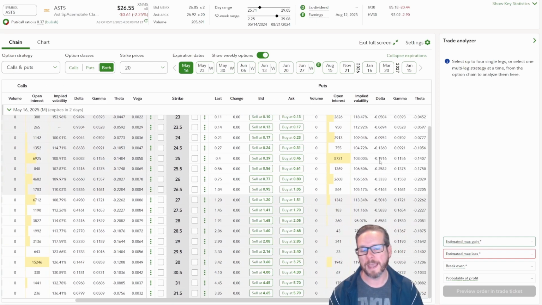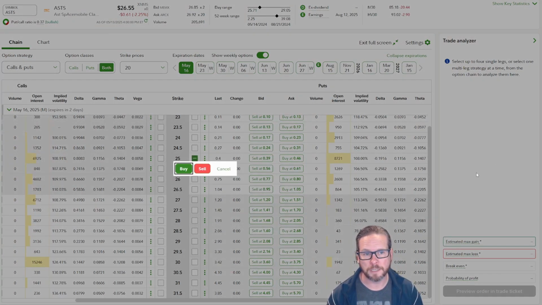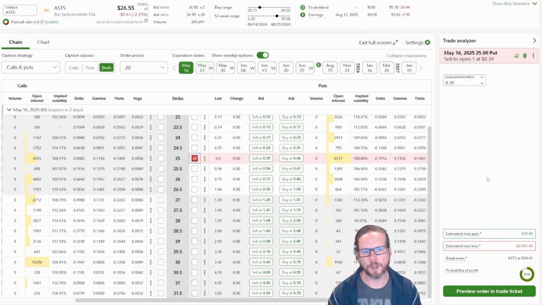I thought that seems pretty safe, and the premium was pretty good. So that is an important thing, of course: what is the premium? And if we looked at this on the trade analyzer, which to be honest I don't use all that often, it'll be helpful for this case in terms of showing the estimated max gain and the probability of profit.